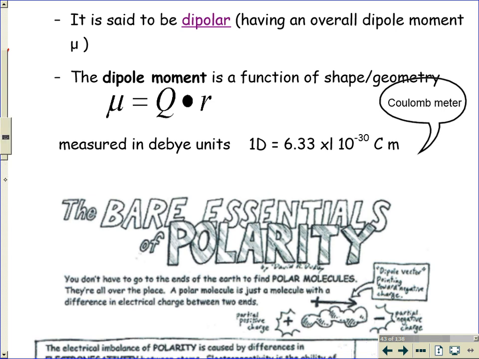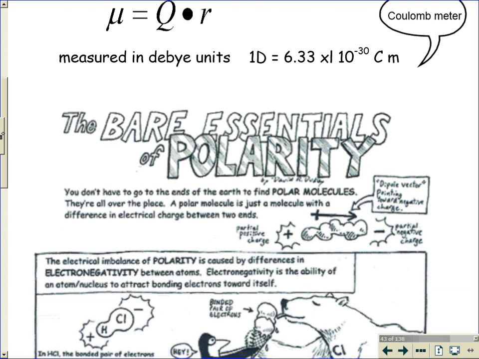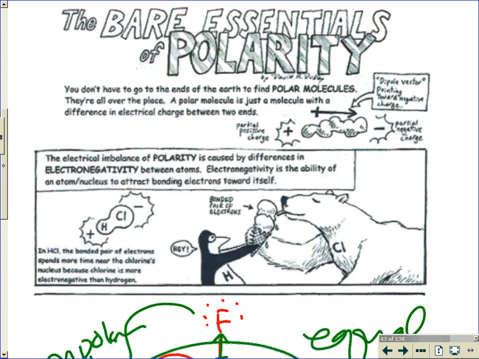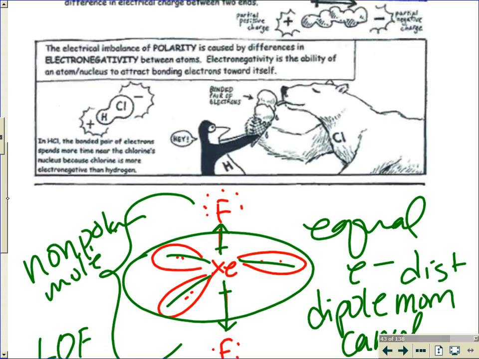And then, did I have some of my class read this last year? The polar bear and penguin. I just thought it was cute. So we have a situation where they're sharing an ice cream cone with a double scoop, 2 electrons in a bond, right? And the polar bear and the penguin are not sharing equally, so that creates a what kind of bond?